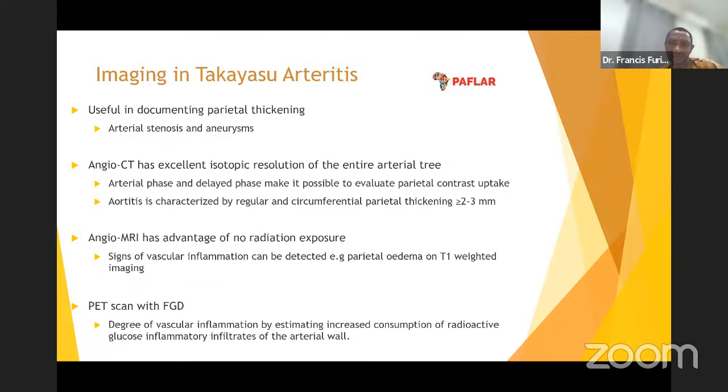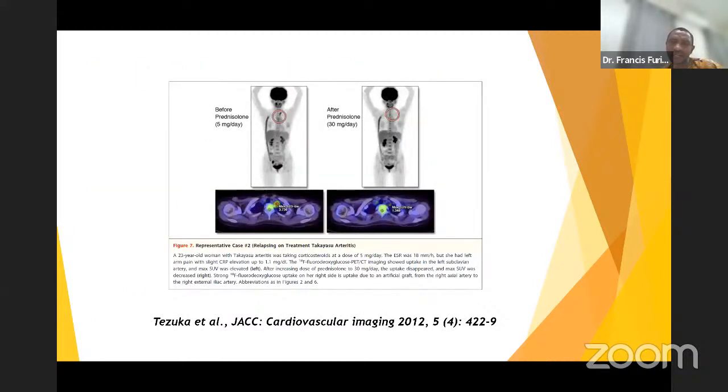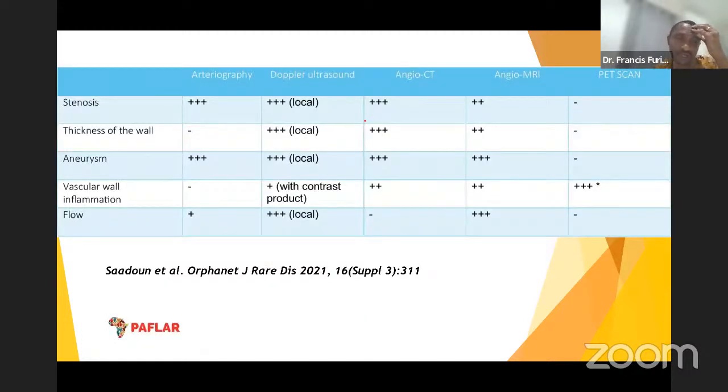So this is just an example of a case that was presenting with Takayasu arteritis, and on the right side you can see clearing of the signals, indicating that there is no increased uptake anymore as before, when the disease was active. So this is a table which is showing us the role that can be played by each of these imaging techniques.